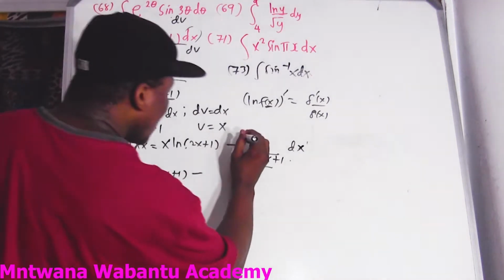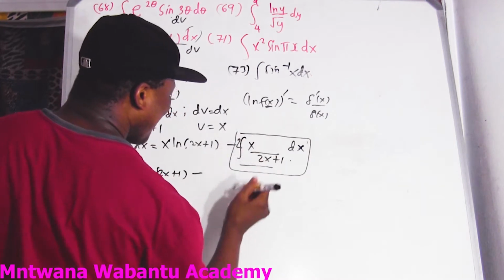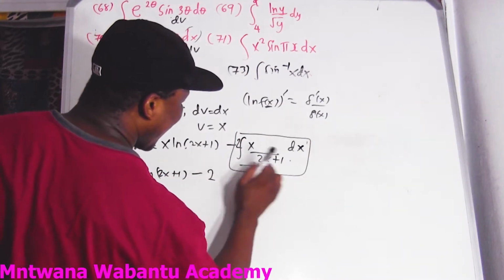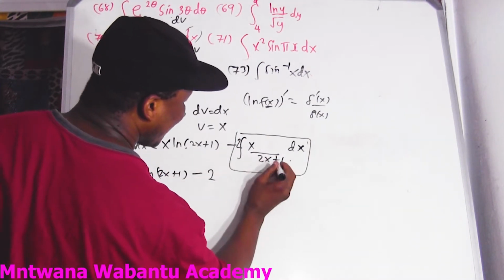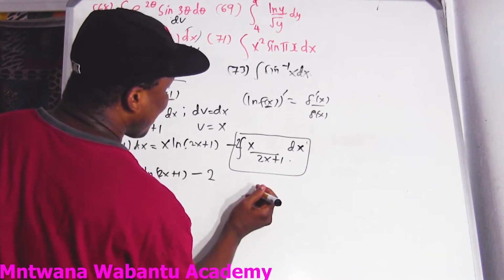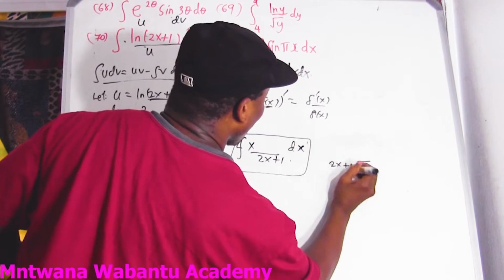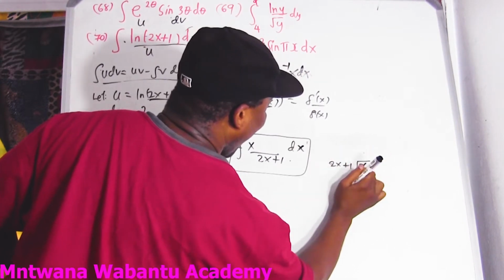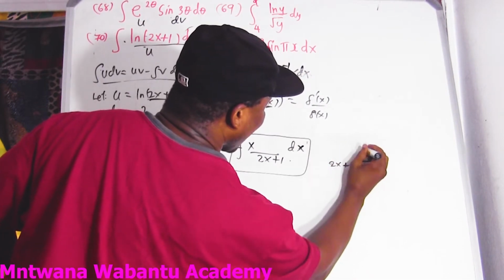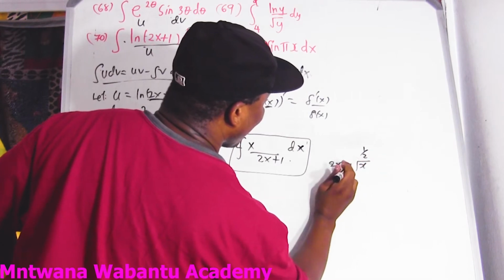Okay, so maybe somebody can remember. You get 2 and then the integral of that. How am I going to do it, because I cannot do substitution. Maybe I can just divide x by 2x plus 1. x divided by 2x gives a half.